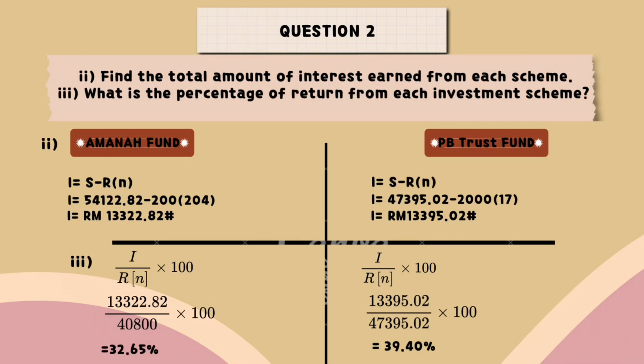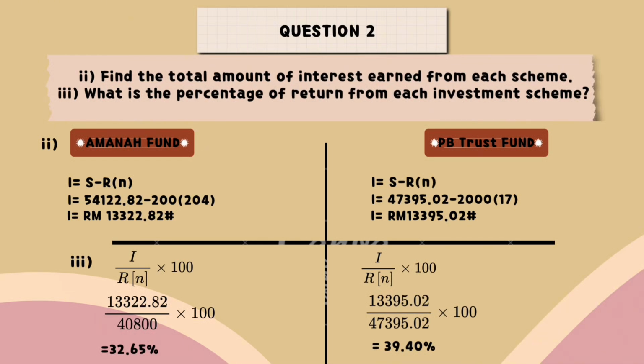Roman, what is the percentage of return from each investment scheme? So we use formula I over R and times 100. Okay, so I forgot to tell you what is I. Okay, I is the interest amount that you got from the bank. Okay, so for the question 2 Roman, for total amount, we just collect the 2 Roman answer.